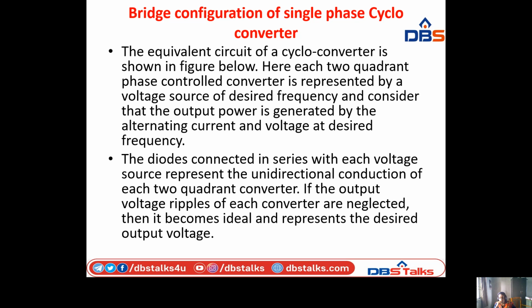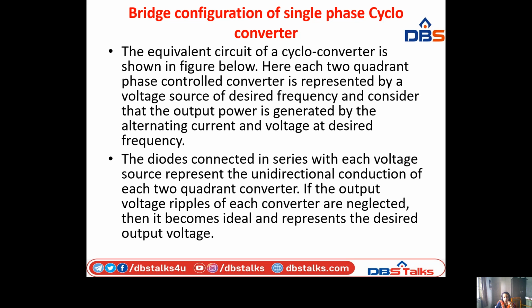The diodes connected in series with each voltage source represent the unidirectional conduction of each two quadrant converter. If the output voltage ripples of each converter are neglected, then it becomes ideal and represents the desired output voltage.